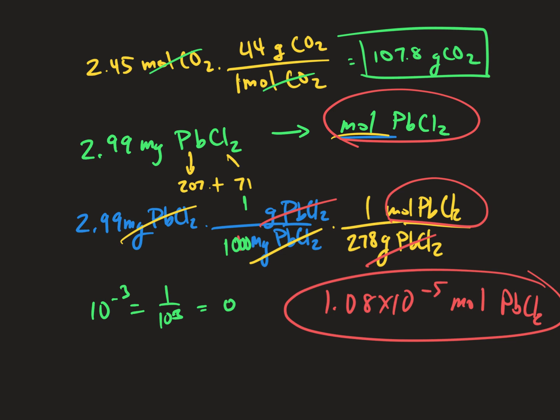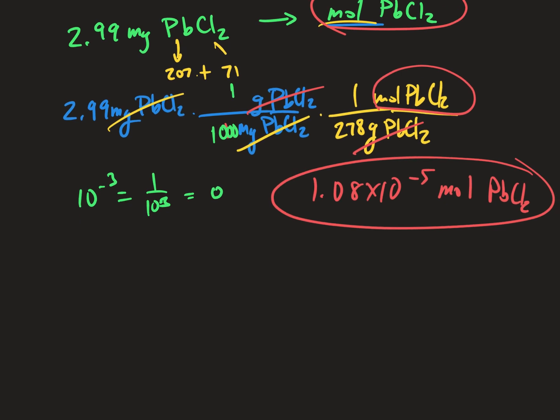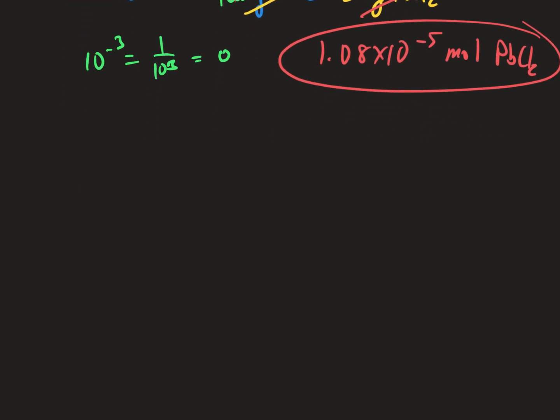Should we try one in section 4 real quick? Try this micro one. We have 21.2 micromoles of CH3OH. Do we do it the same way, guys?